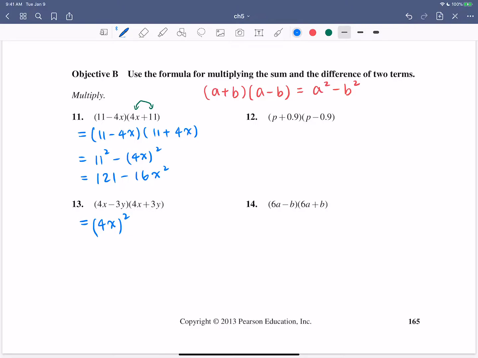So you need to put a grouping symbol outside 4x, and then minus b squared. Our b is 3y. Put grouping symbol around 3y and then square. Let's calculate. 4x squared, that's 16x squared. You square each factor. Minus 3y squared. Square each factor, 9y squared.